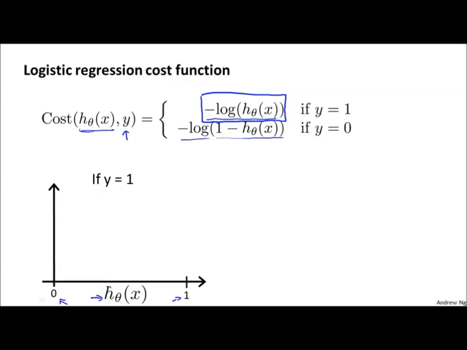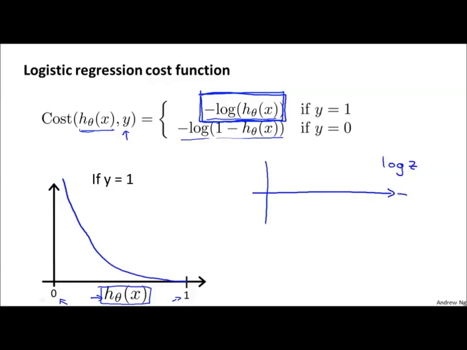Right? So h of x varies between 0 and 1. If you plot what this cost function looks like, you find that it looks like this. One way to see why the plot looks like this is because if you were to plot log z with z on the horizontal axis, then that looks like that, and it sort of approaches minus infinity, right?